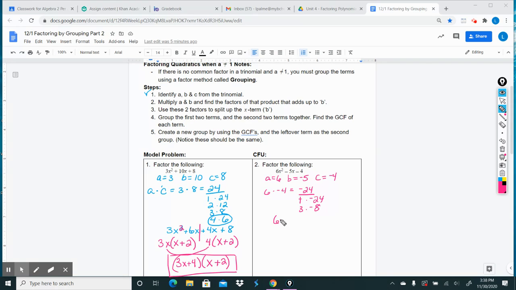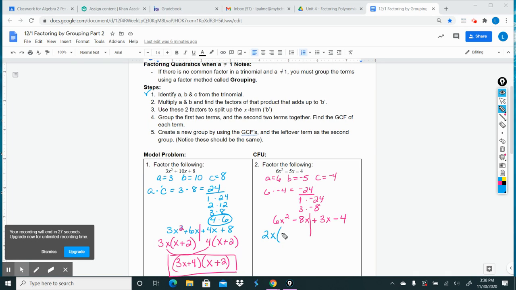So we're going to do 6x squared minus 8x plus 3x, because those 2 add up to equal negative 5x, minus 4. And we're going to split these 2 groups, find our GCF and factor the left-hand side. So for our GCF of 6x squared and 8x, 6 is not a factor of 8, so we have to find the factor that is in both, and we know that is 2x, and we're left with 3x minus 4.